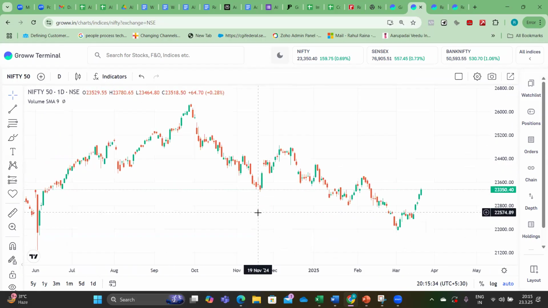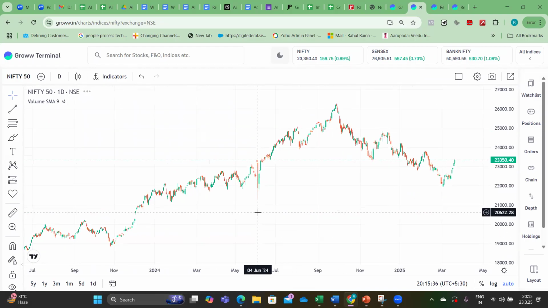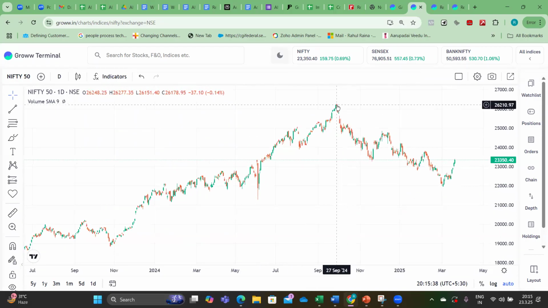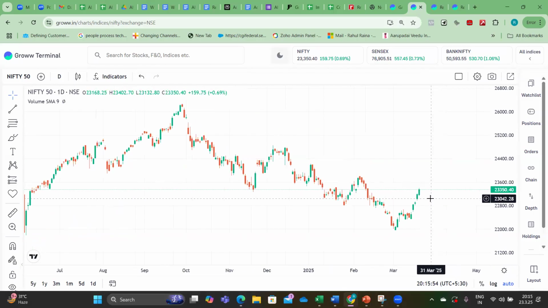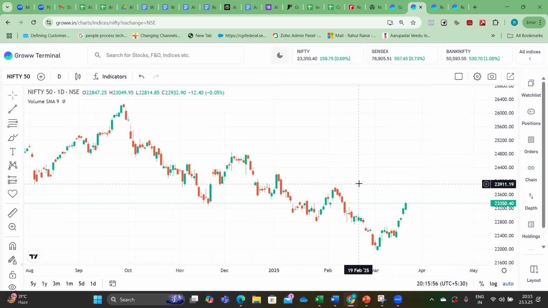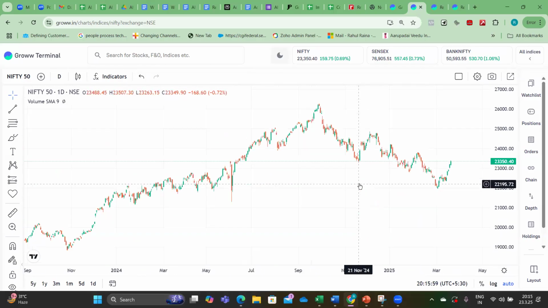If you zoom out a bit, you will see Nifty made a high of 26,200, and it was continuously falling, maybe with some hikes. Again, it took support at around 21,800 and started moving up. So this gives you a quick overview of what is happening.